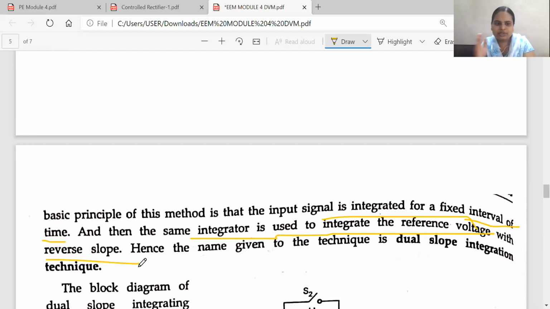The input is integrated for a fixed interval of time, and then the reference voltage is integrated in the reverse fashion. Hence the name dual slope integration.